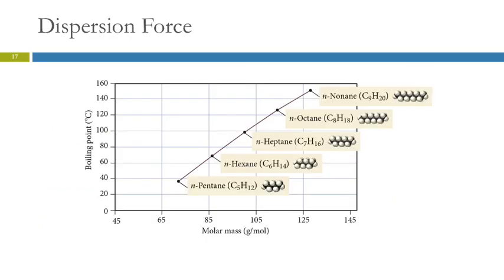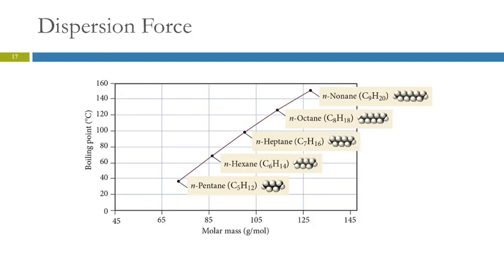These are similar molecules. They're hydrocarbons, just carbon and hydrogen, and they all have the carbons in a straight chain. So we're not comparing round, ball-like, globular molecules. We're looking at more linear molecules. So they're all roughly the same shape, but we see as the molar mass increases, the boiling point increases.